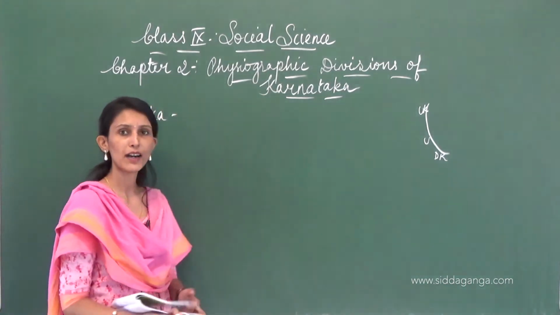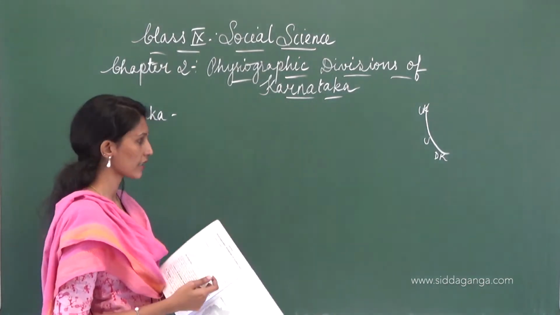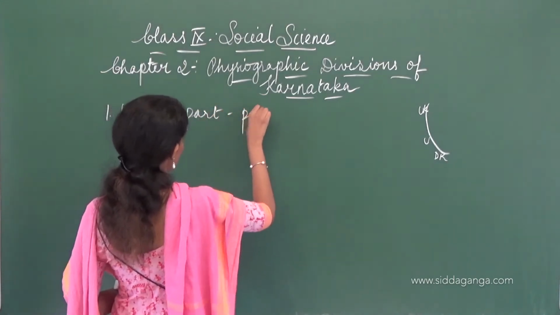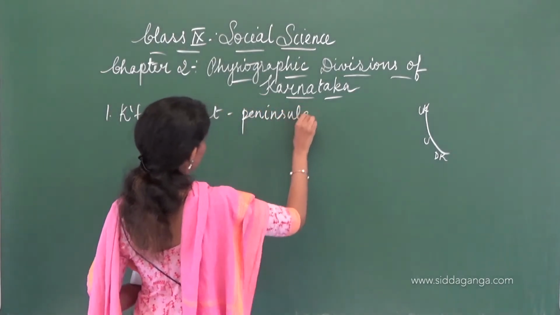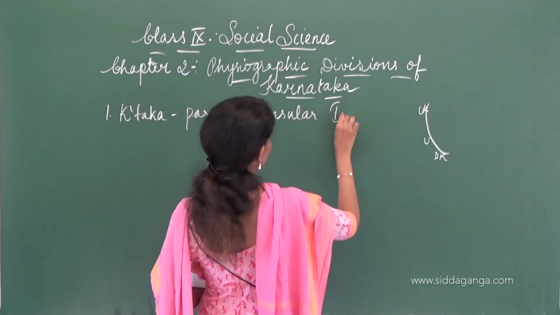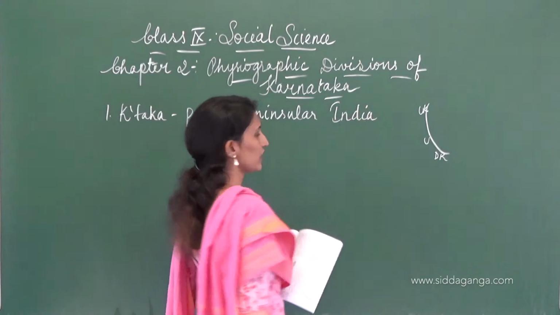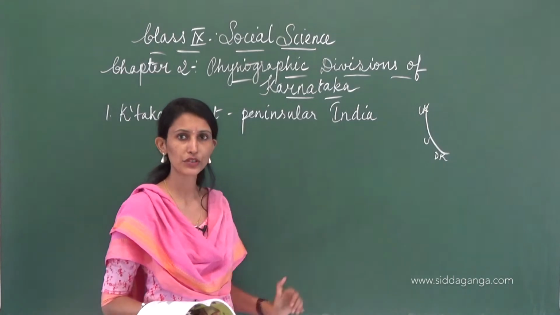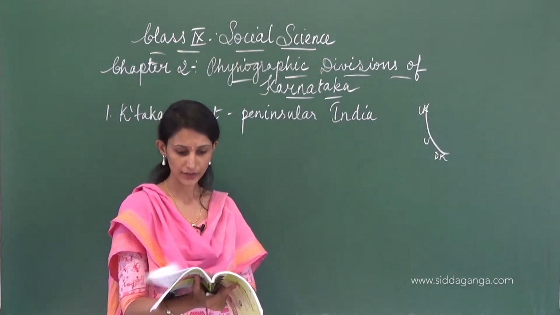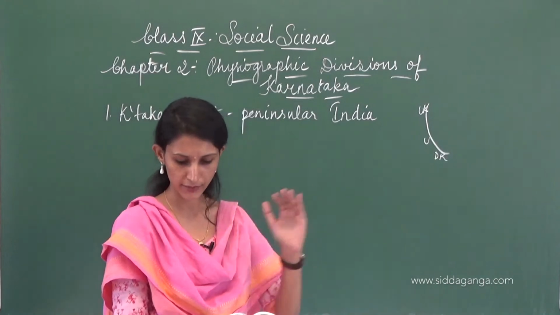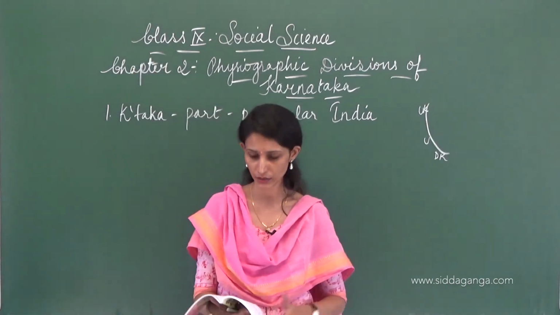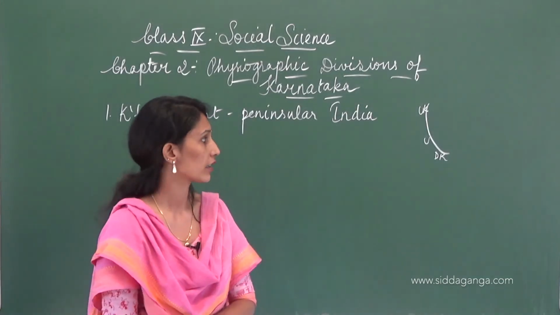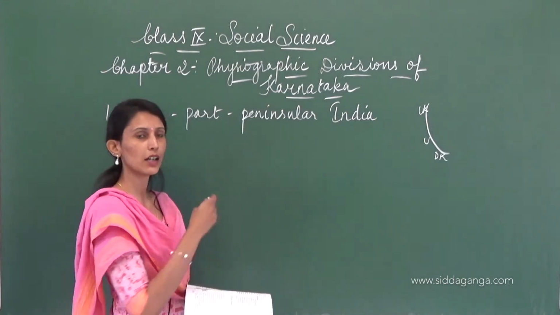Karnataka is a part of peninsular India. What is peninsular? The area of land that is almost covered by water. If you go to the map again, we have the Arabian Sea that is covering this part of Karnataka.